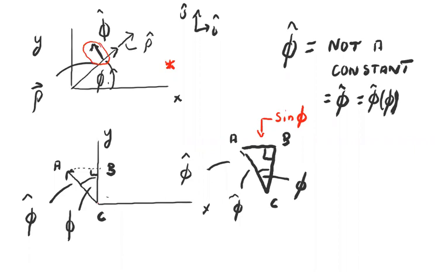Similarly, this side has to be the cosine of phi from trigonometry. So now I'm almost there. I'm almost in the position to write down the definition of the unit vector phi hat in plane polar coordinates, but I have to be very careful. The x component has a magnitude of sine phi, but it points in the minus i hat direction. Hence, I need a minus sign here.